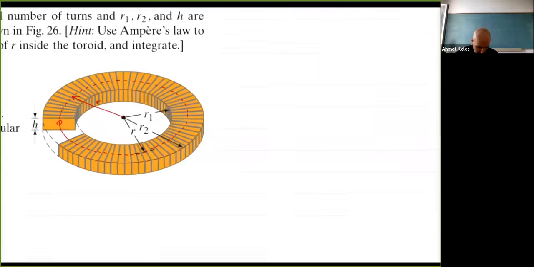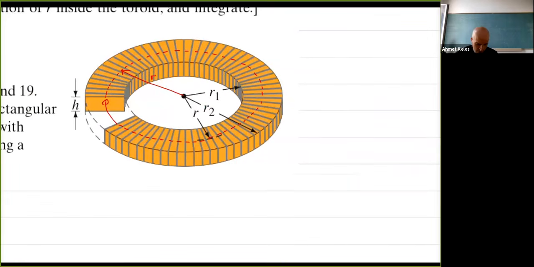And if I do this, I need to count the number of enclosed currents. They don't give you the direction of the current, but we can tell. If there are currents like this, you enclose each of these currents in your Amperian loop. However many, all of them are inside this Amperian loop.